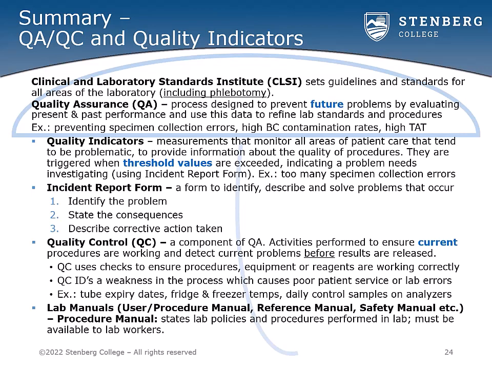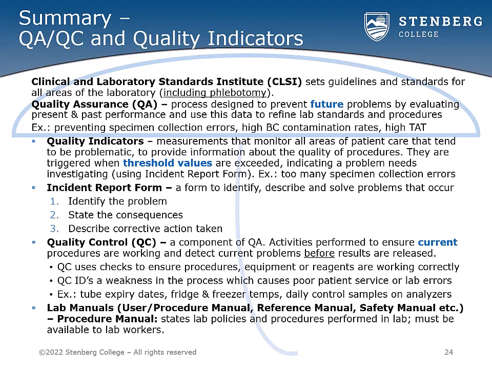For instance, if the specimen recollection threshold is set at 3%, as soon as more than 3% of samples need to be recollected, the threshold value is exceeded, and this is a quality indicator that the problem requires investigation using an incident report form, which is the form used to identify the problem, state the consequences, and describe corrective action.